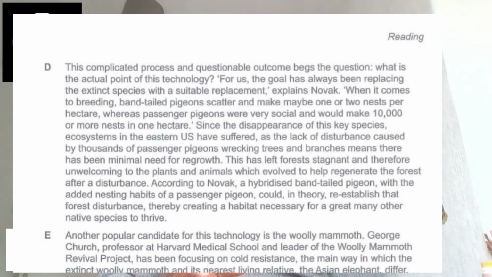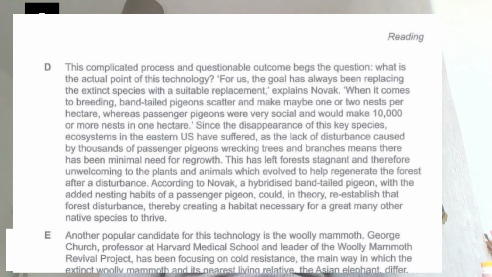Now they are talking about the technology, and they are talking about a particular habitat that has suffered since the disappearance of this key species, an ecosystem in the eastern US. The lack of disturbance caused by thousands of passenger pigeons wrecking trees and branches means there has been minimal need for regrowth, so those places are not regrowing.